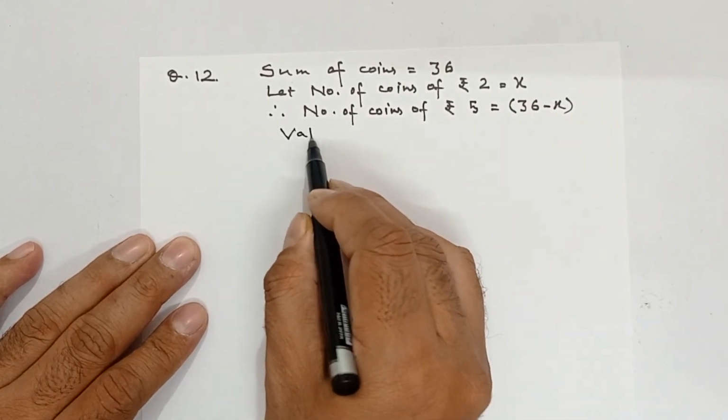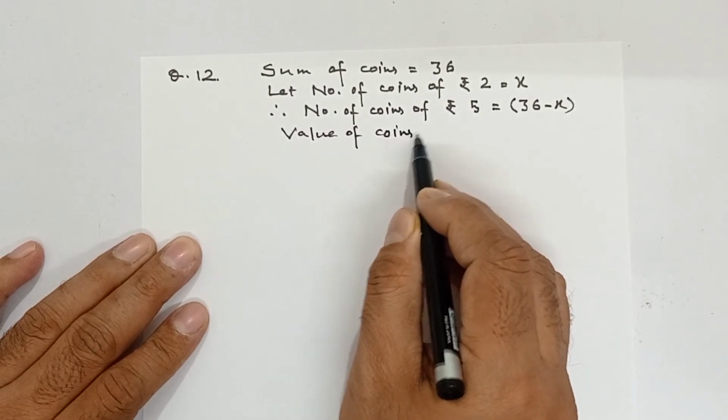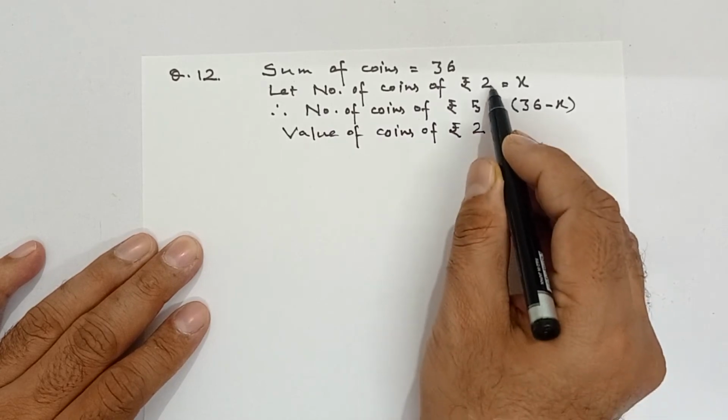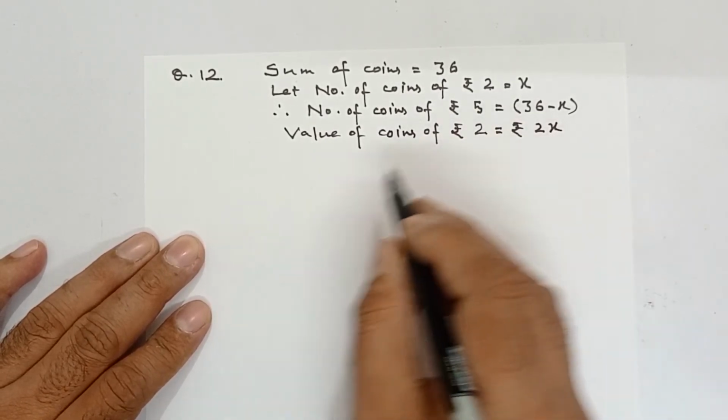Now we will find the value. So the value of coins of rupees 2, how will it be found? 2 and x will be multiplied, so it will be rupees 2x.